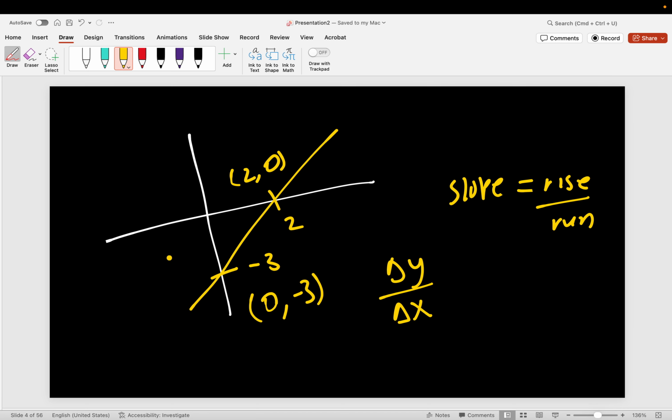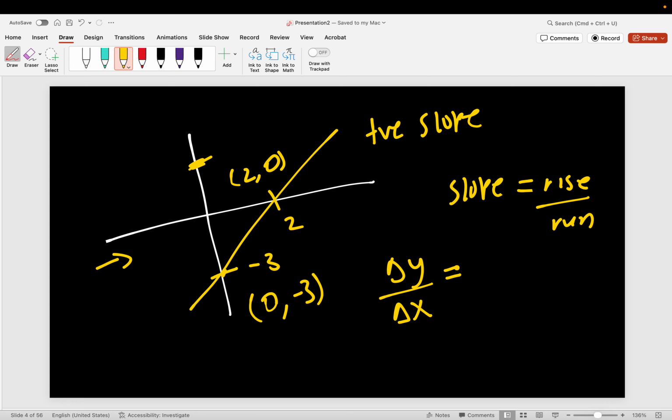My question here is, as x increases, so as I go this way, is this increasing or decreasing? We were at -3 here, but now here we're at a positive value. So am I increasing as I go in this direction, or is my graph decreasing? Hopefully we can all see that it's increasing as I go this way. So I have a positive slope for this specific line.